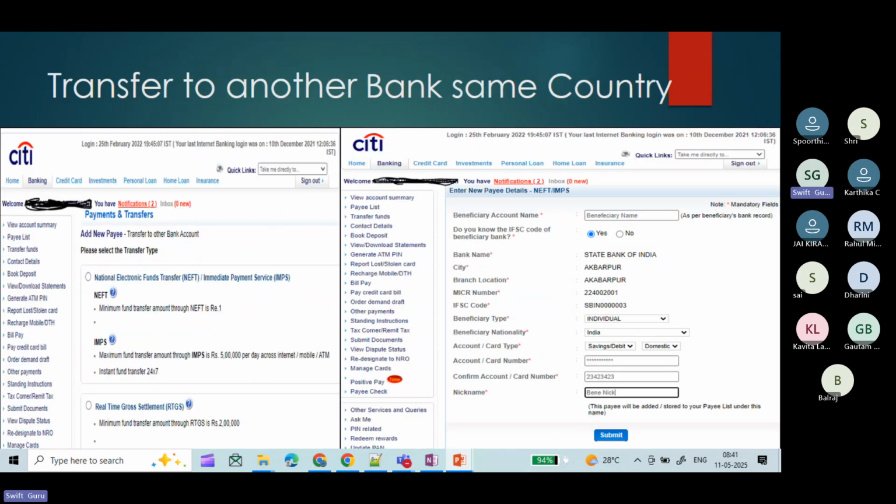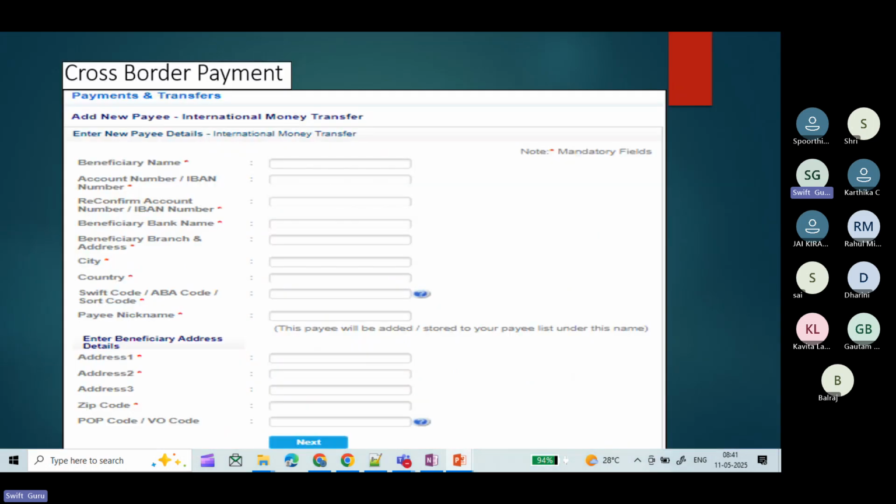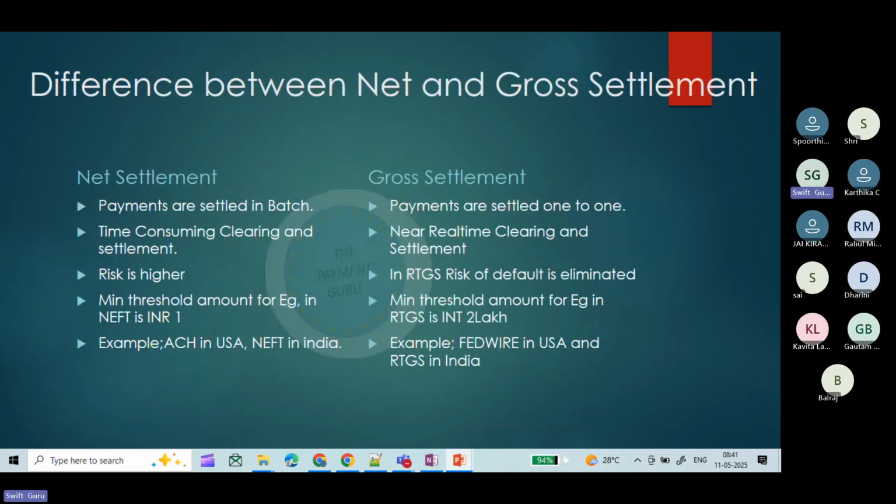Then there are other options which I can select, where I choose whether I want to make an NEFT payment, IMPS payment, or RTGS payment as well. And if my bank has cross-border payment features, then I'll be able to make a cross-border payment as well.